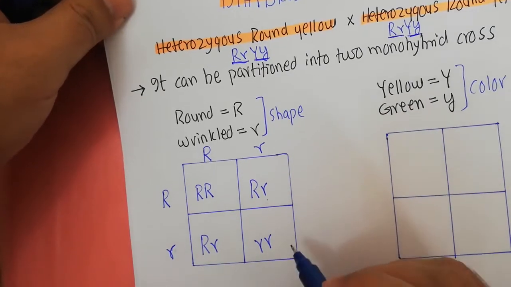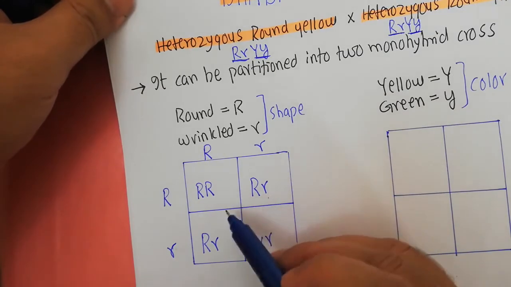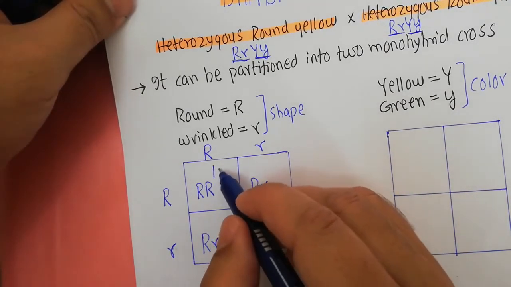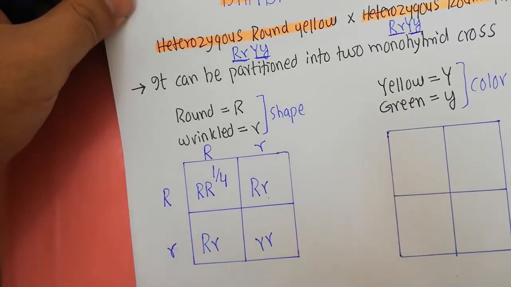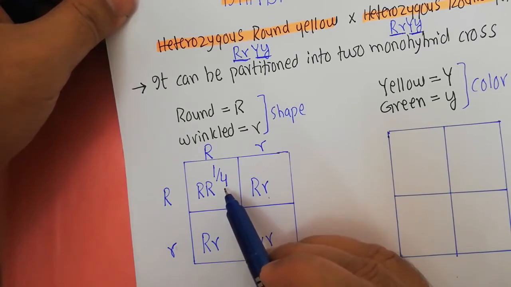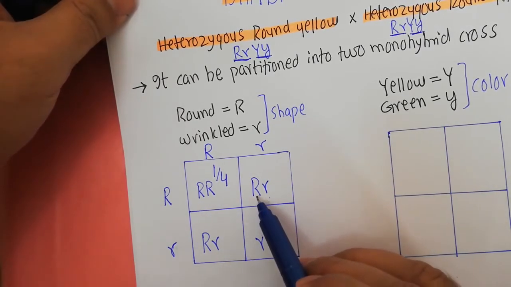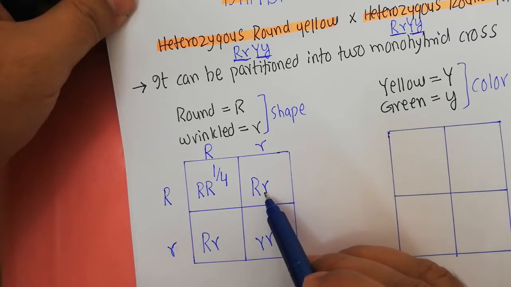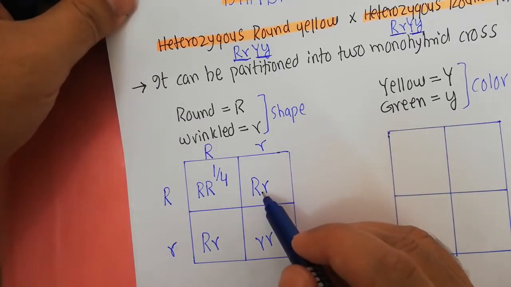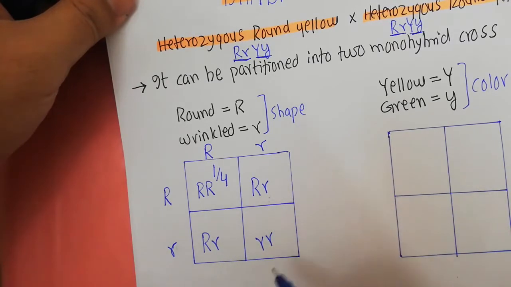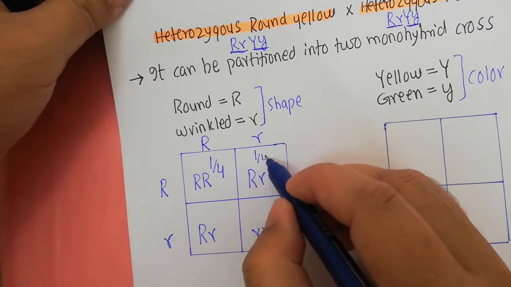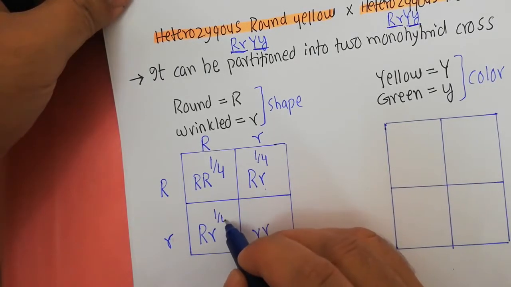Now when you talk about the genotypes in this particular case, the capital R and capital R make 1/4 of all of the offspring, because this is only one, so out of 4 it is represented by 1/4. If you talk about the capital R and the small r, this is 1/4, this is 1/4. That means that the capital R and the small r collectively make half of the offspring, 50% of the offspring.